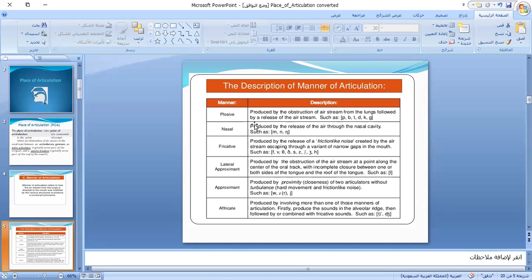Fricatives are produced by the friction-like noise created by the air stream escaping through narrow gaps in the mouth. For example, the upper teeth and the lower lip are close together, but the air still comes out from other gaps or sides of the mouth.